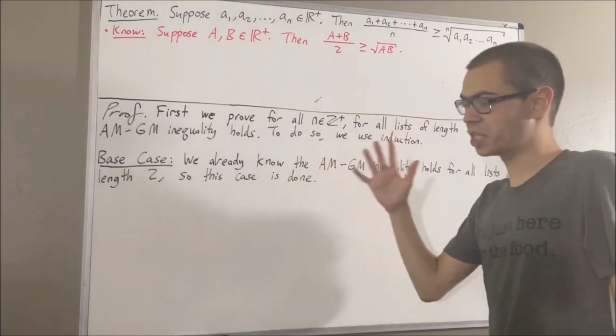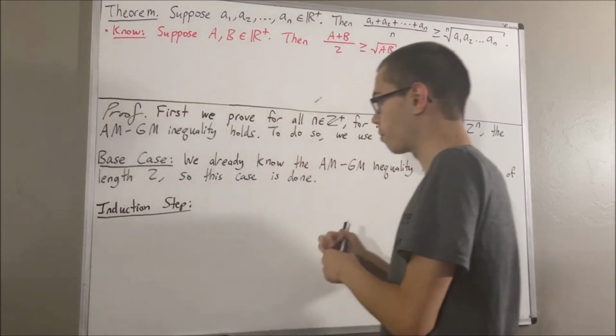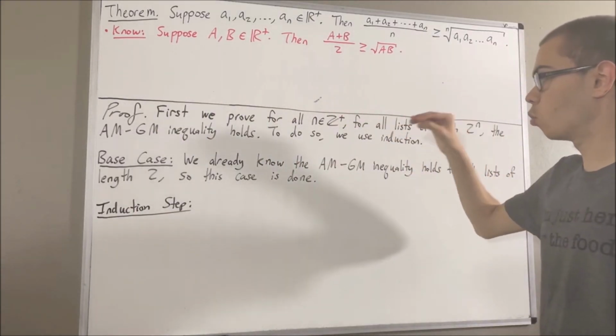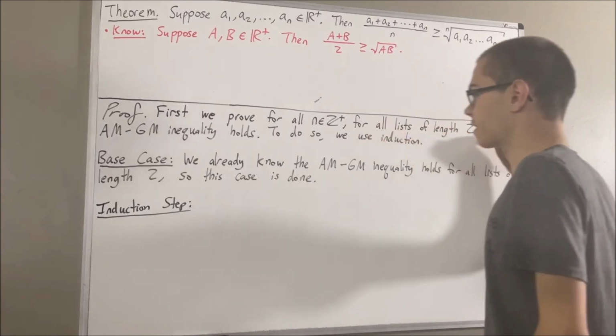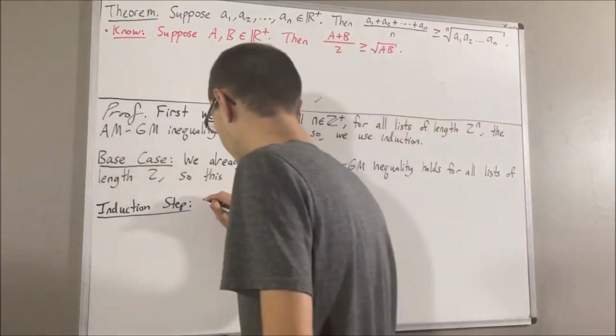Now let's move on to the induction step. In the induction step, we give ourselves an arbitrary positive integer n, and we assume that this is true for that arbitrary positive integer n.